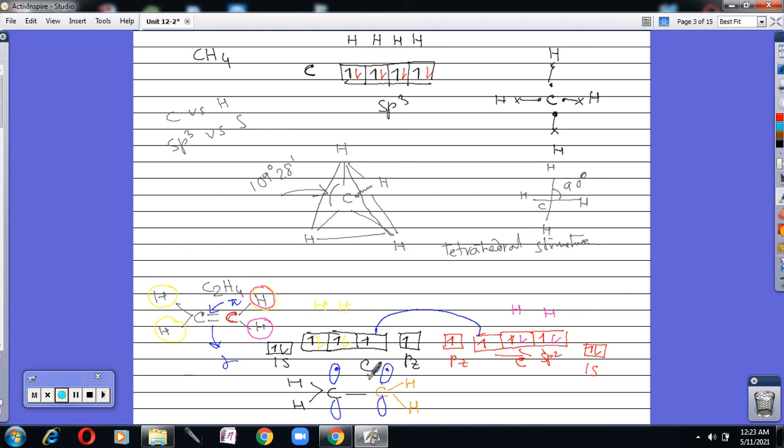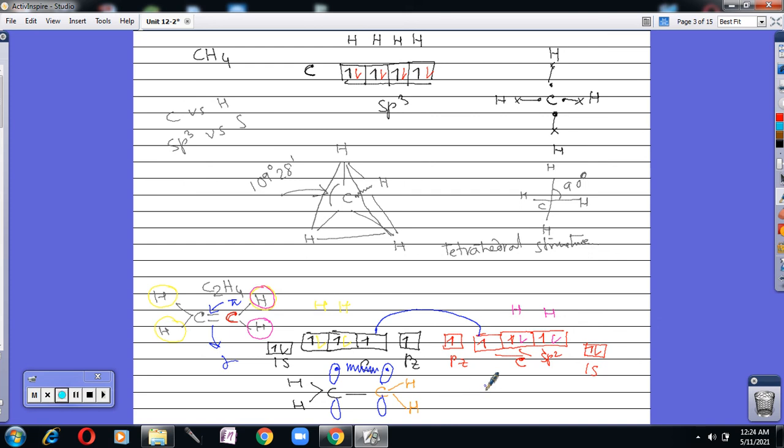When these lobes come closer, there is a possibility of making another covalent bond, which is formed by the partial overlapping of the orbitals. In this way, ethene or ethylene compound is formed.